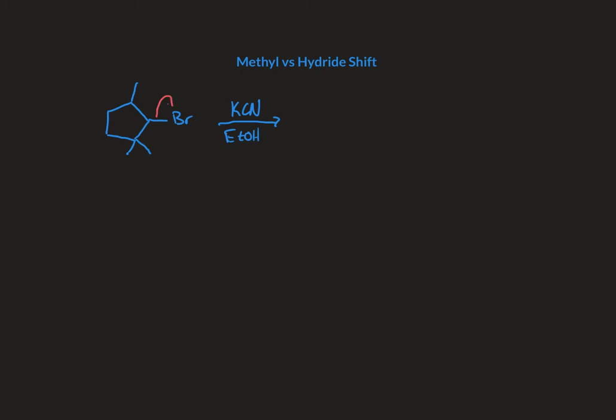And so the first thing that happens is that bromide leaves to form this carbocation. And it's possible that the CN could attack that secondary carbocation to form this product.